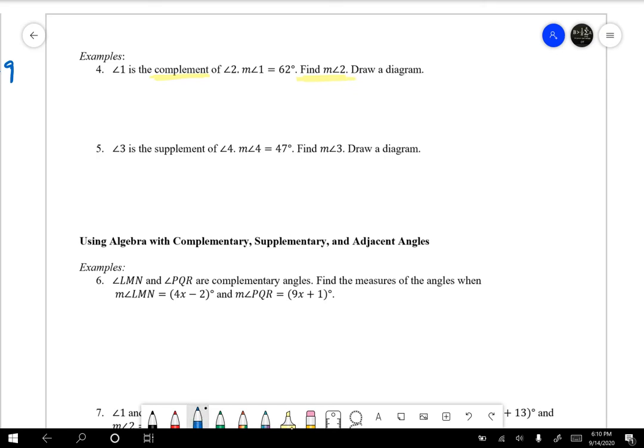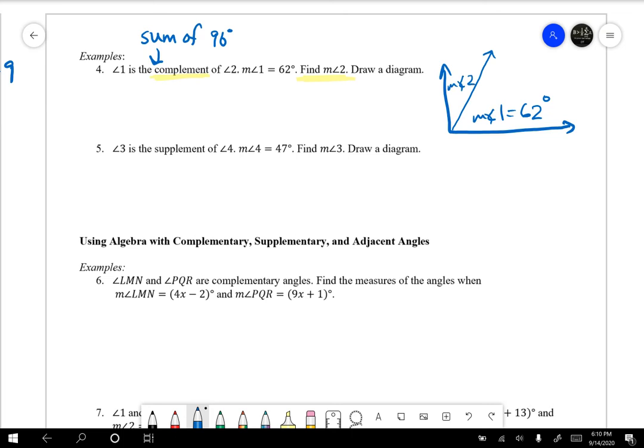This means it's a sum of 90, so I'm going to have a right angle made of 1 plus 2. Angle 1 is 62 degrees, and this is the measure of angle 2.